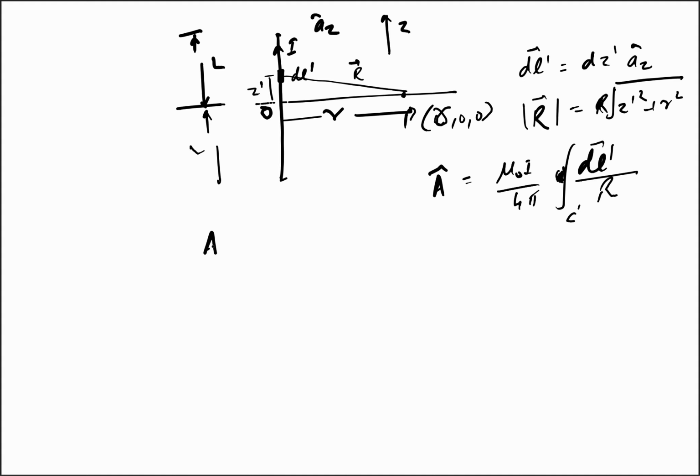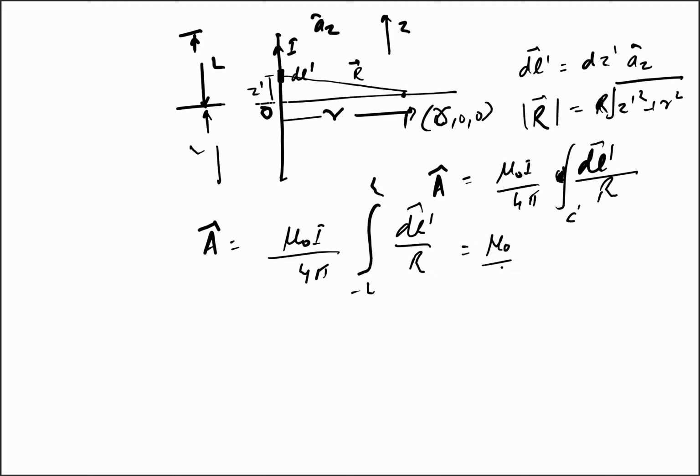Then we can find A is equal to mu naught I over 4 pi, integral from minus L to L of dl dash over R, which is equal to mu naught I upon 4 pi times the integral of dz dash az over the square root of z dash square plus r square. We can now easily solve this.